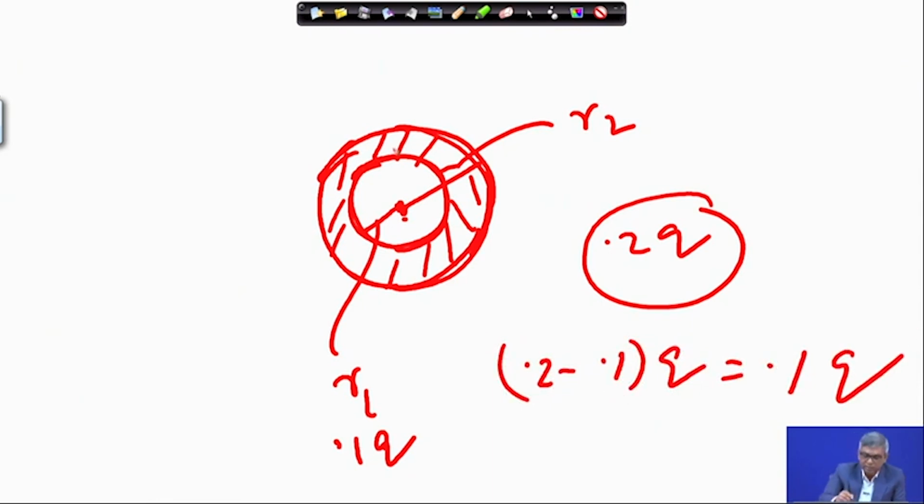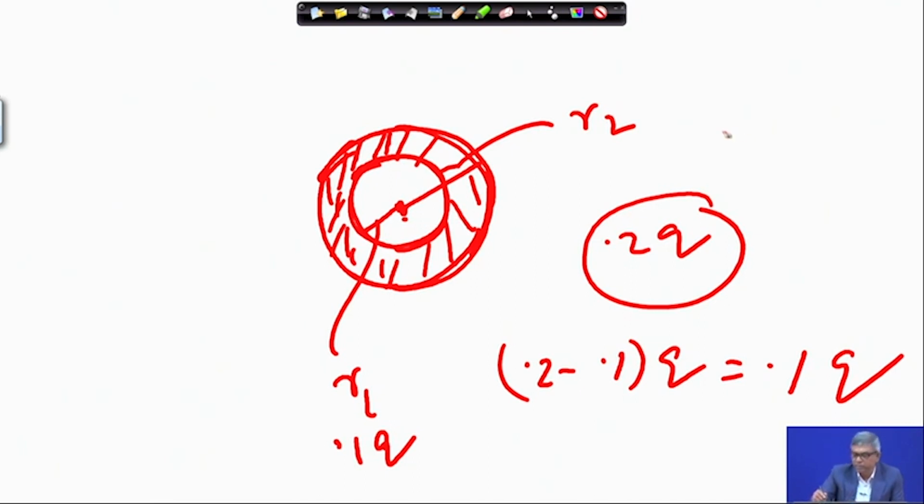So, the differential between the two circles will be 0.1 q.